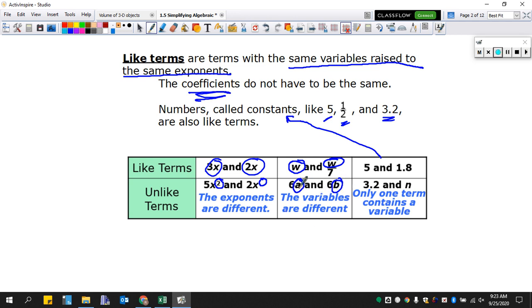One's an a variable, one's a b variable. And then 3.2 and n: 3.2 is a constant, and n is a variable. So there's no variable in 3.2.